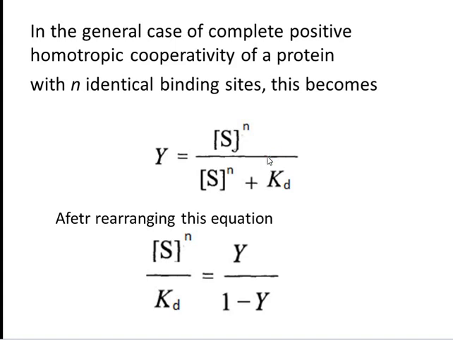Now, by taking concentration of S raised to power n common, we will get concentration of S raised to power n in bracket 1 minus Y, which is equal to Y into Kd. Now, by rearranging this equation, we will get concentration of S raised to power n divided by Kd is equal to Y divided by 1 minus Y.